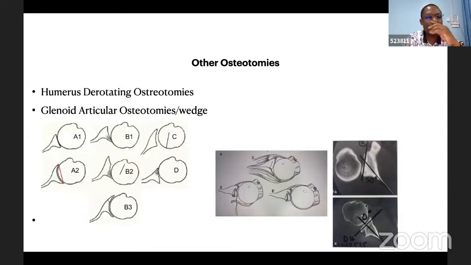Now, the kind of osteotomies that are more important to us currently are the ones that change the shape of the glenoid. We all know the ABC classification of glenoid bone loss. I will look at the glenoid first, and then we'll go to humerus derotating osteotomies.